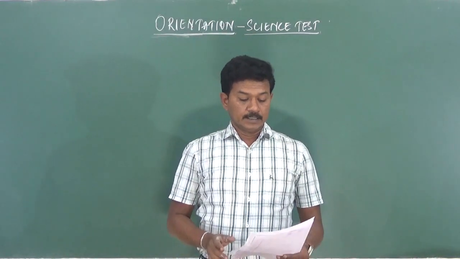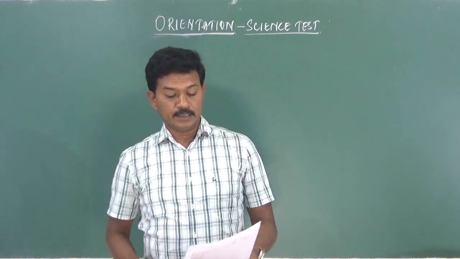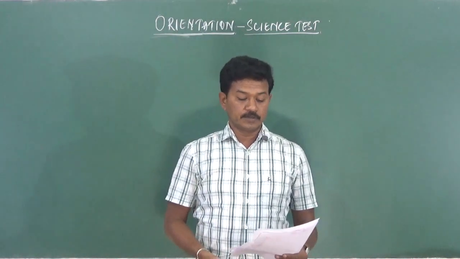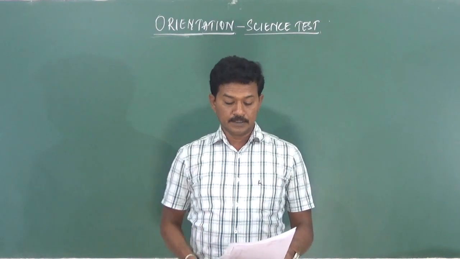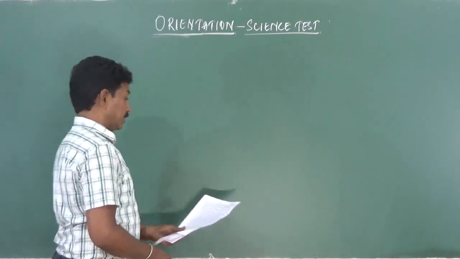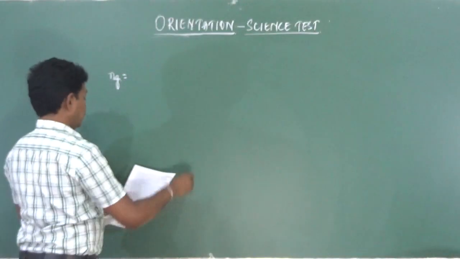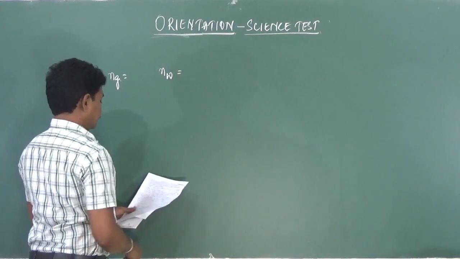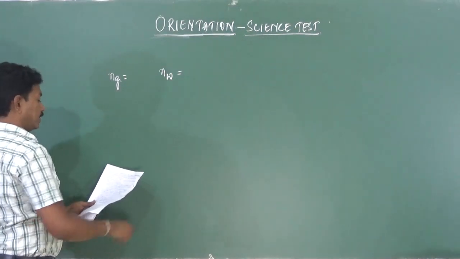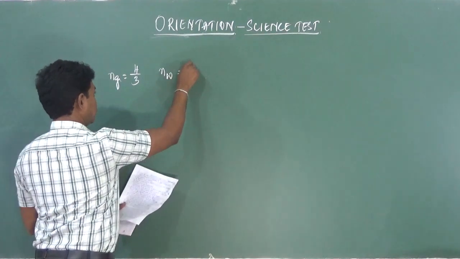Right. So the fifth one is a beautiful 2-mark question, which is a numerical. Absolute refractive indices of glass and water are given. The absolute refractive index of glass, that is Ng, is 4 by 3, and the absolute refractive index of water, Nw, is 3 by 2.